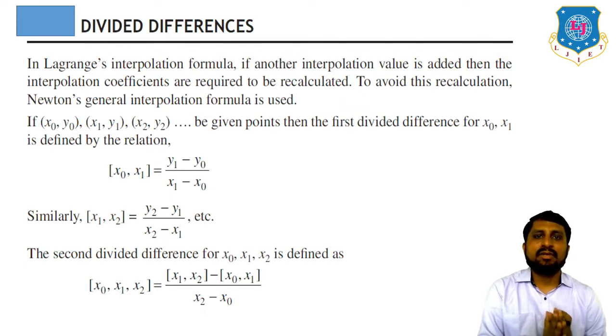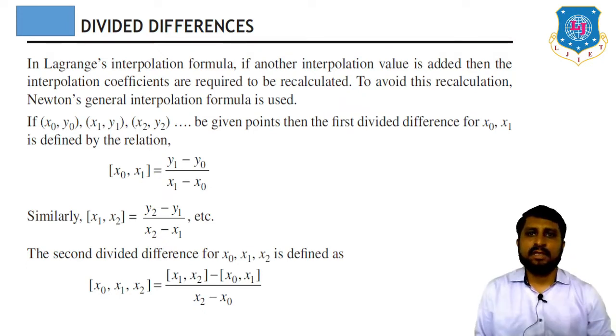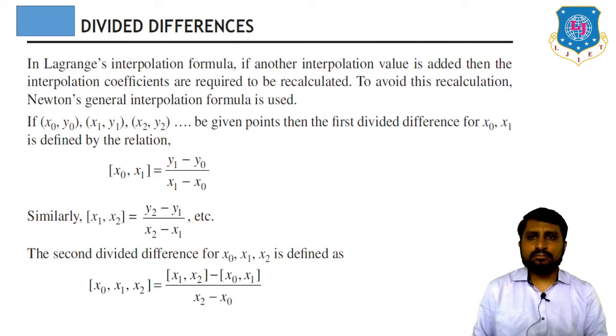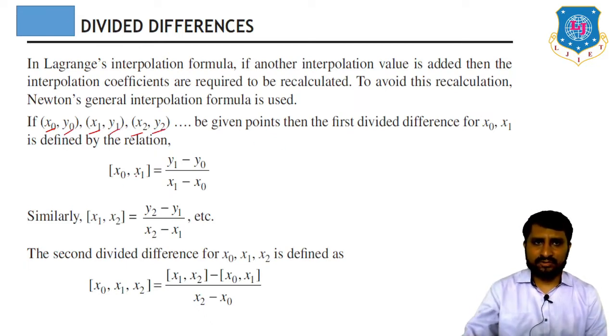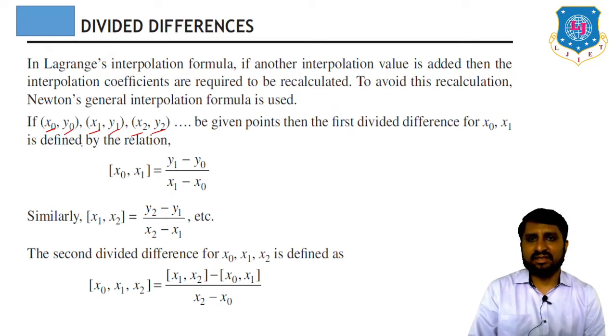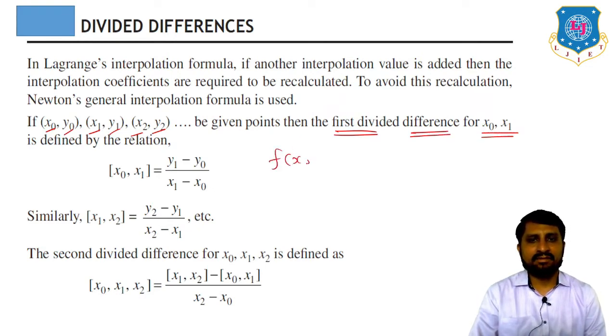Okay, unequal interval, right? So we know that the values of x are x0, x1, x2, and the values of y are y0, y1, y2. First of all, suppose we want to define our first divided difference for x0 and x1. We also write it as f of x0, x1.